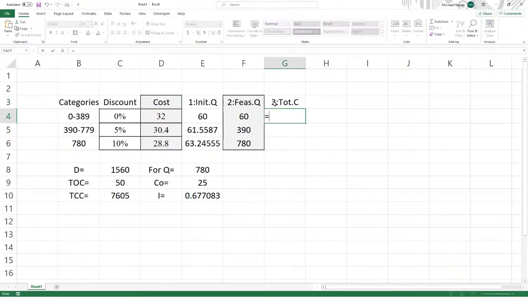Equals, first of all, the carrying cost. So it's going to be Q over 2 times IC, that's going to be I, freeze that, times C, which is 32, and that's going to change on us, right?